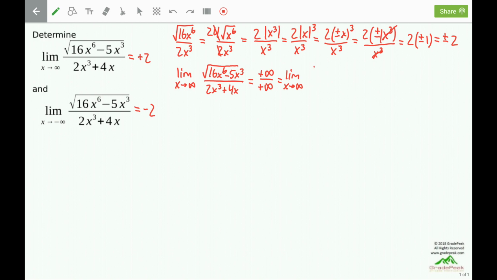So we will divide the entire root in the numerator by x cubed, and each term in the denominator also by x cubed.